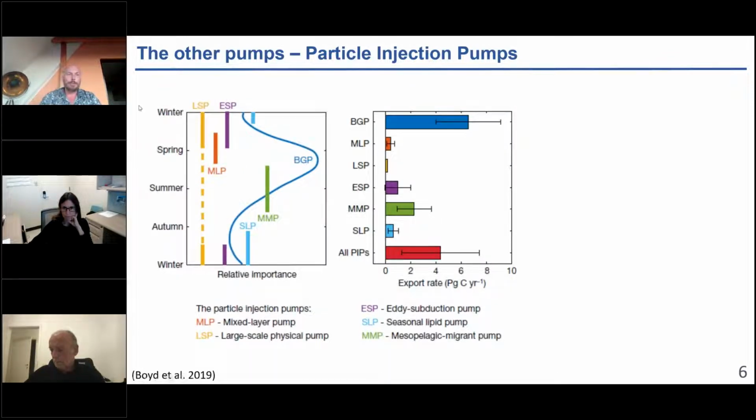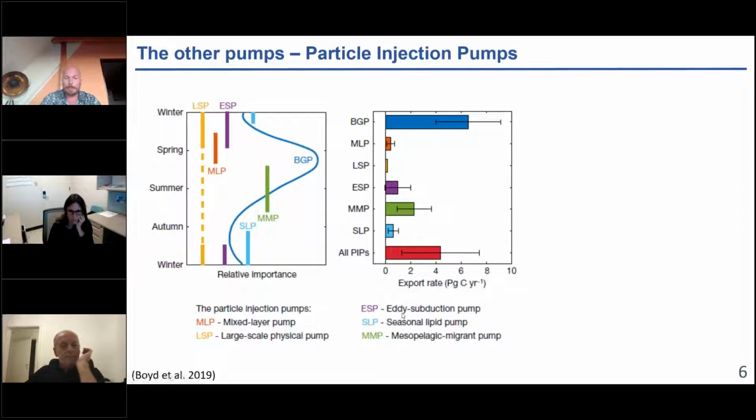And if you look at the different pumps, we can see here we have the mixed layer pump, MLP, which is the orange here, which tends to happen around spring. Then we have the large-scale physical pumps, which are basically also the conveyor belts, the large ocean circulation, and also the mixed layer pump in the winter, so that tends to be very efficient during winter, but it occurs during all other seasons, and then picks up again end of autumn.